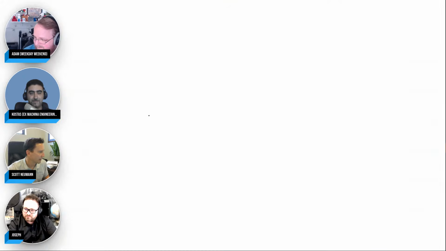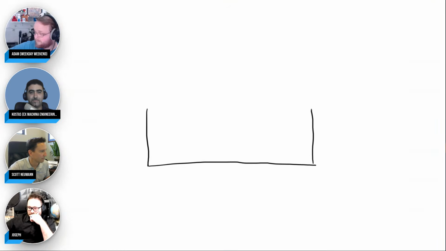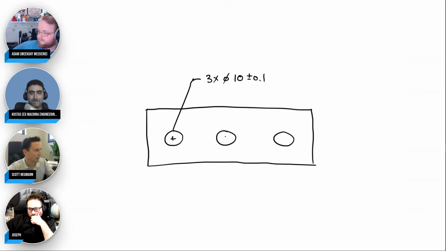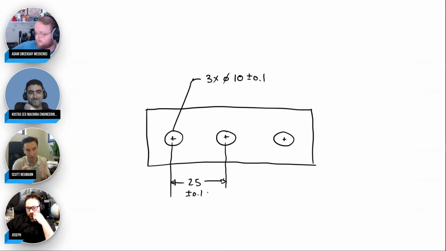Let's just say we had a simple plate, and you have 3 holes in it, and these 3 holes, they have a size of, I don't know, 10 millimeters or something, plus or minus 0.1. And then we give a dimension between those holes, and let's say we want it to be 25 millimeters from here to here. And so then we put a plus or minus 0.1 on that dimension right there.